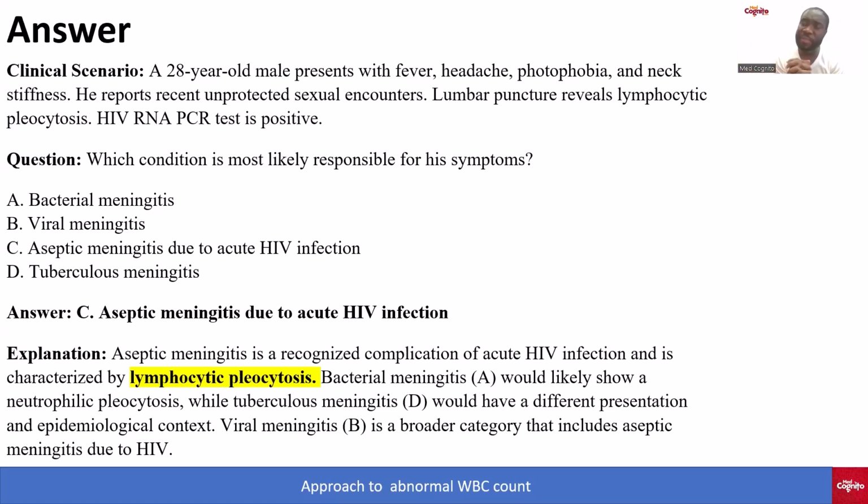Those are some of the clues I've just mentioned: living in a crowded area, prisoner, recent immigrant to Canada, somebody who has not had tuberculosis vaccination. Okay, good. Viral meningitis is a broader category, and it includes aseptic meningitis due to HIV.